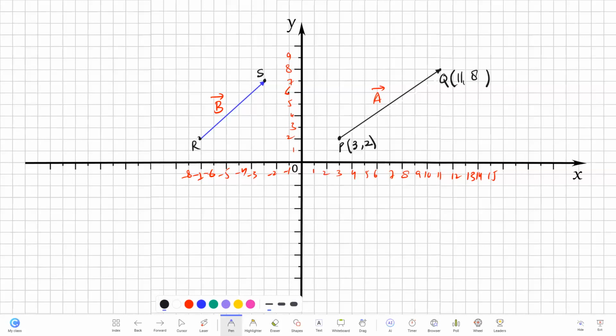Can you guys also put in the coordinates of R and S?